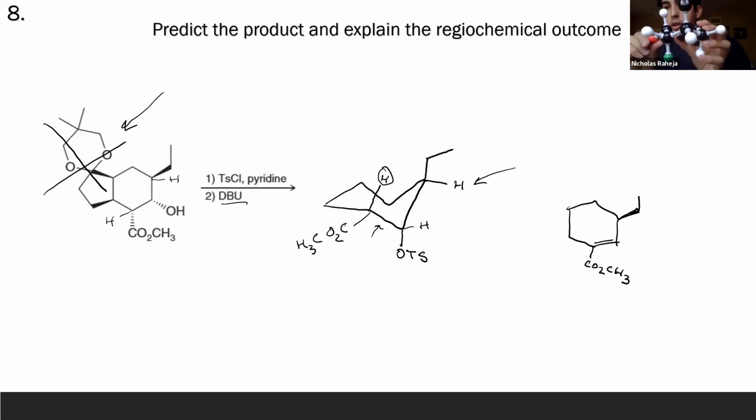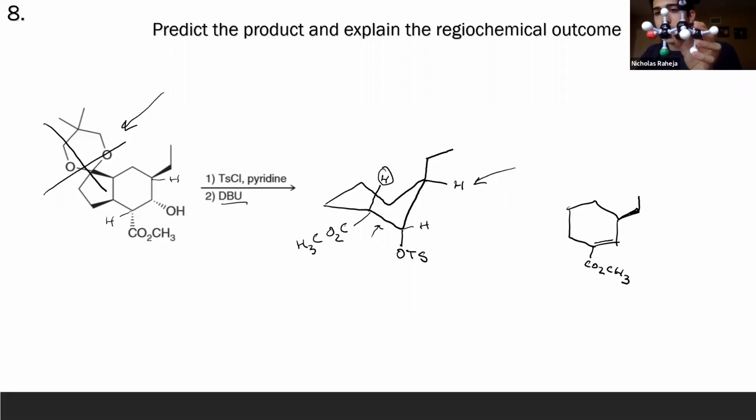And you'll notice that if you're looking at your leaving group, and you're looking at the two beta protons, here's one of your beta protons, and here's your other beta proton.